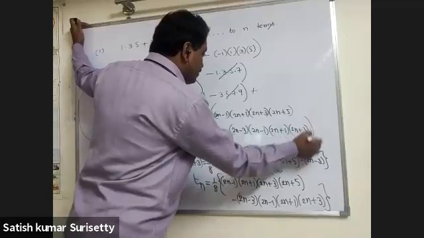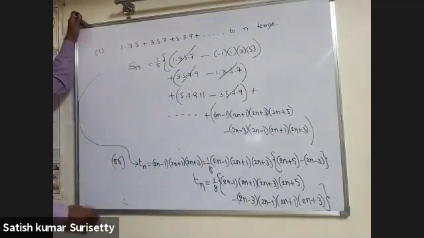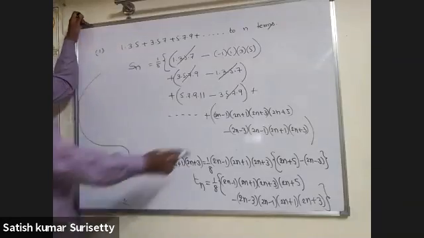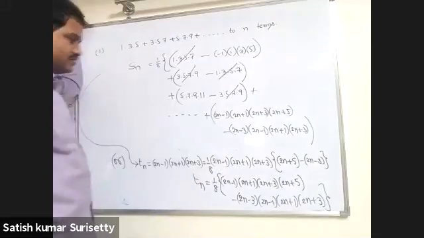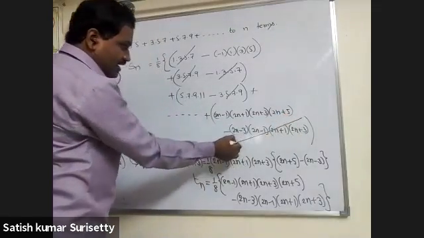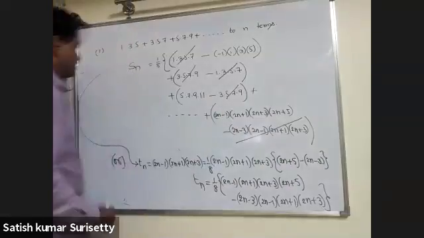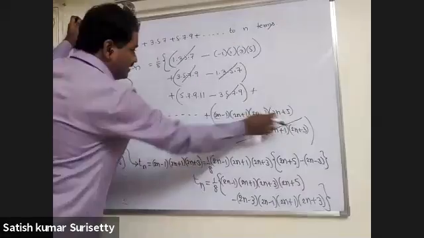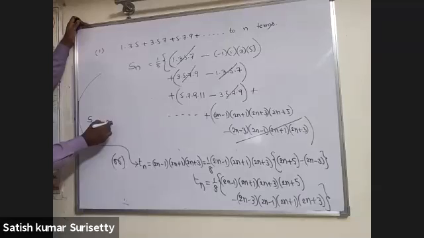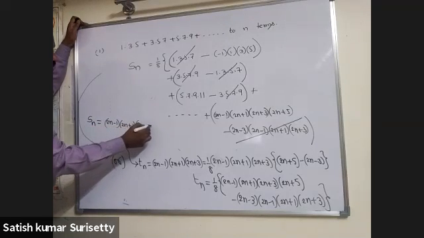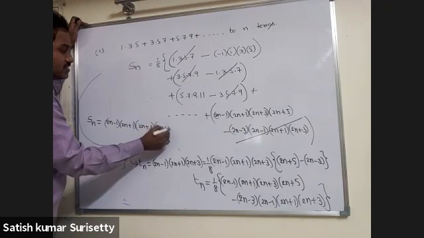Now when I simplify entirely, here also one term will get cancelled. Which term will get cancelled and which term will be left out? The second term will get cancelled and the first term will be left. So this term will be cancelled and this will be left out. That means the sum of n terms Sn will be equal to this entire part: (2n minus 1)(2n plus 1)(2n plus 3)(2n plus 5).